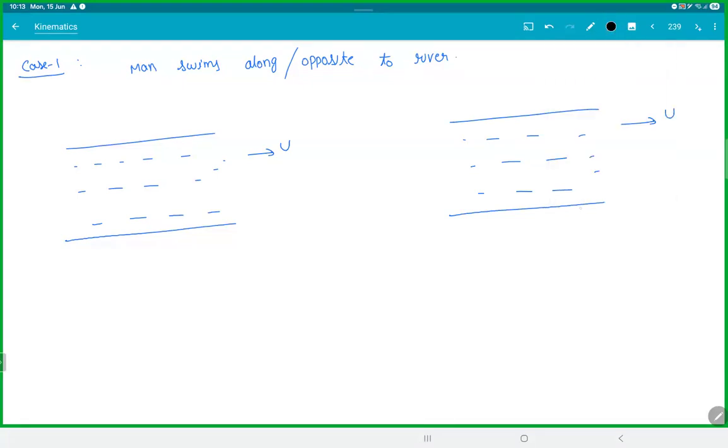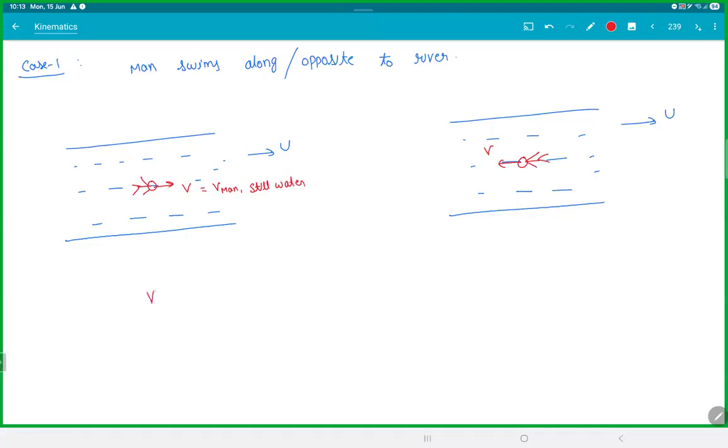So let's say our man decides to go with the river. He's swimming with the river with V. Here he decides to swim opposite of the river V. So this V is the velocity of man in still water. If the water was at rest, you would have gone with V.